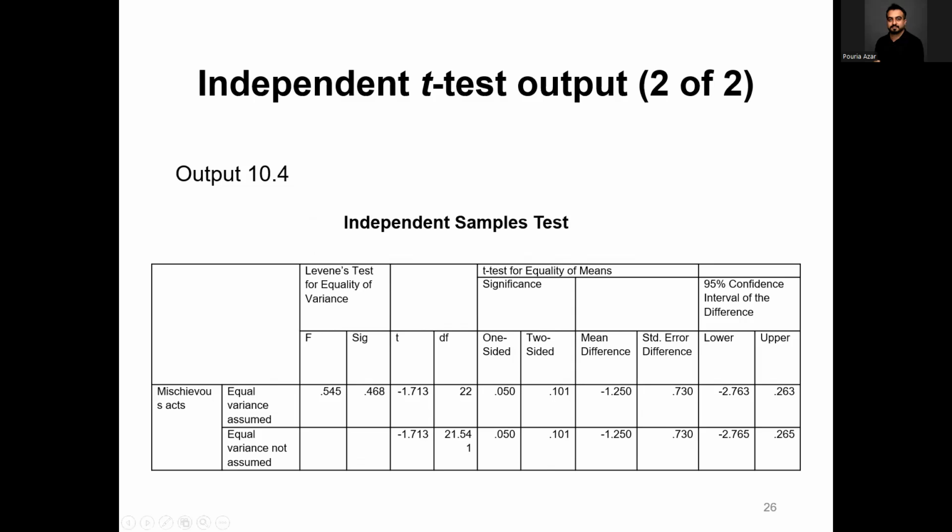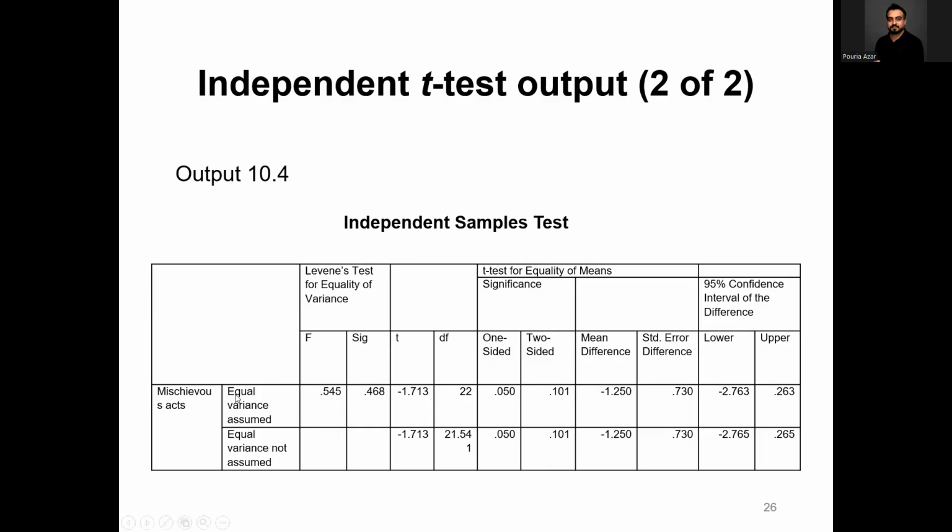So look at this Levene's test column here. Levene's test is for checking for homoscedasticity. The significance or p-value is 0.468, which means it is not significant. So equal variance is assumed here.